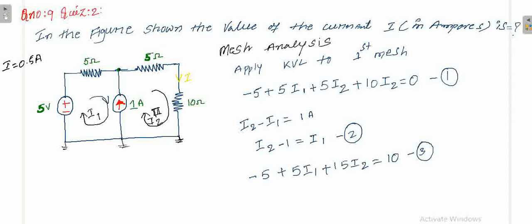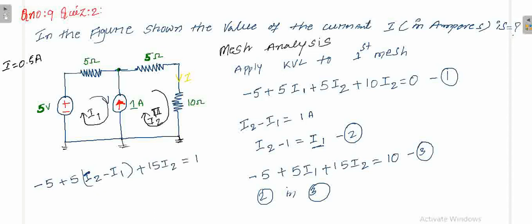Substitute 2 in 3. In the place of I1, just substitute I2 minus 1. So by substituting it, minus 5 plus 5 into I2 minus 1 plus 15 I2.